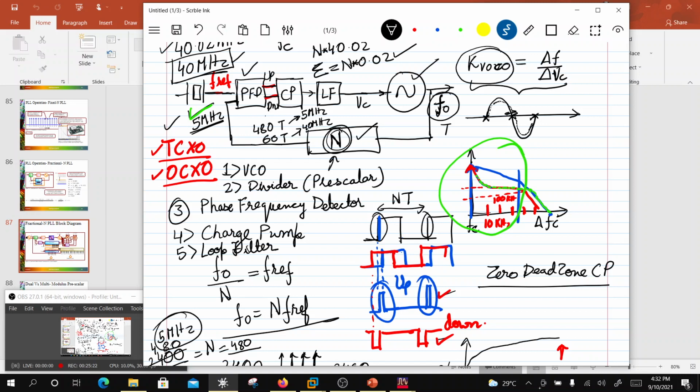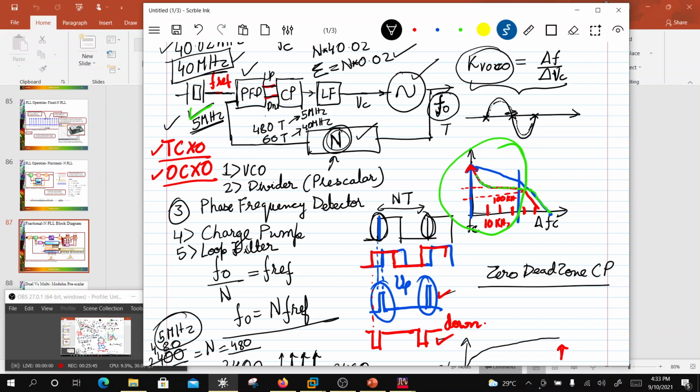Now let's assume that this observer is seeing the situation on these edges, which are separated by 480T or 60T. Let's assume that this PLL is locked to the reference, but now it is gradually falling off.